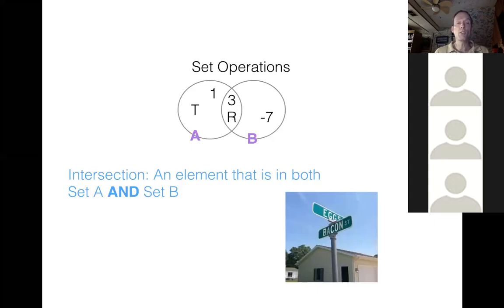So we have 2 different sets, and each set we've identified with a circle using a Venn diagram. So in set A, we have 2, 1, 3, and R, like Romeo. In set B, 3, R, and -7. And usually what we'll do is put the name of the set on the line of the circle so you don't confuse it with an element of the set.